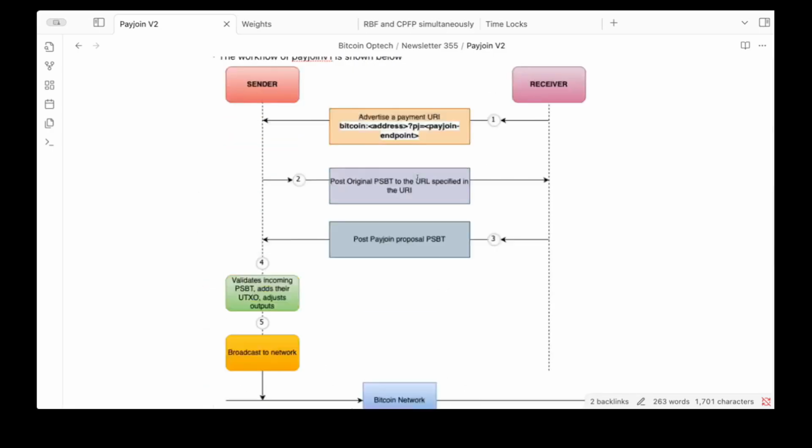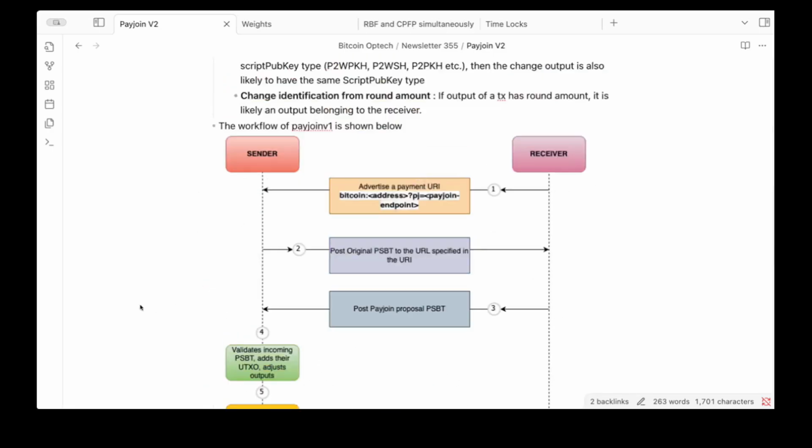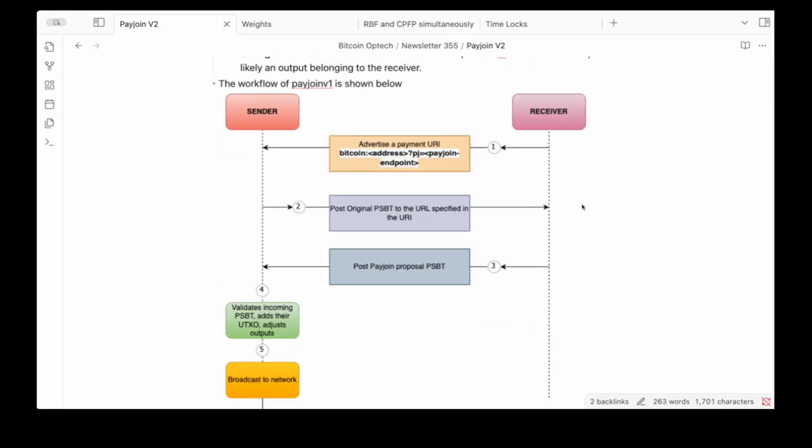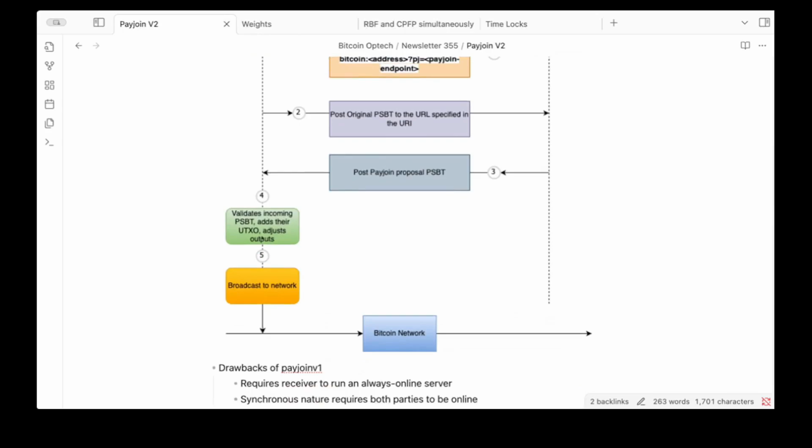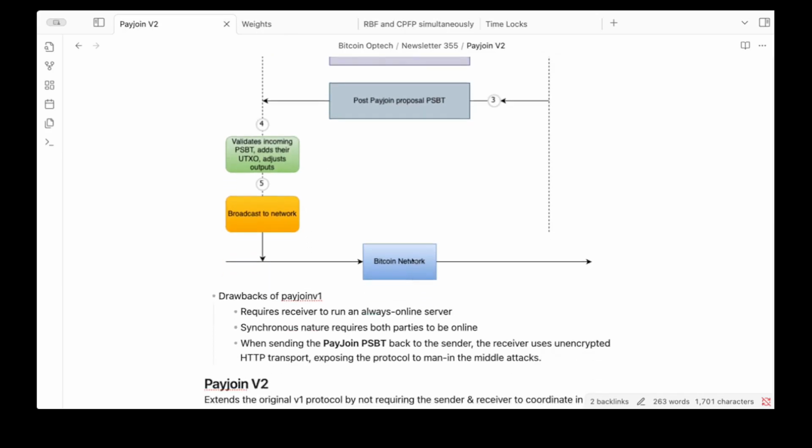So all this back and forth communication has to happen synchronously, and finally the PSBT has to be finalized by the sender and broadcast. So till this whole sequence gets completed, the transaction is not final, and you can't expect a stable or a successful transaction until all the 5 steps are completed. So it has to be synchronous.